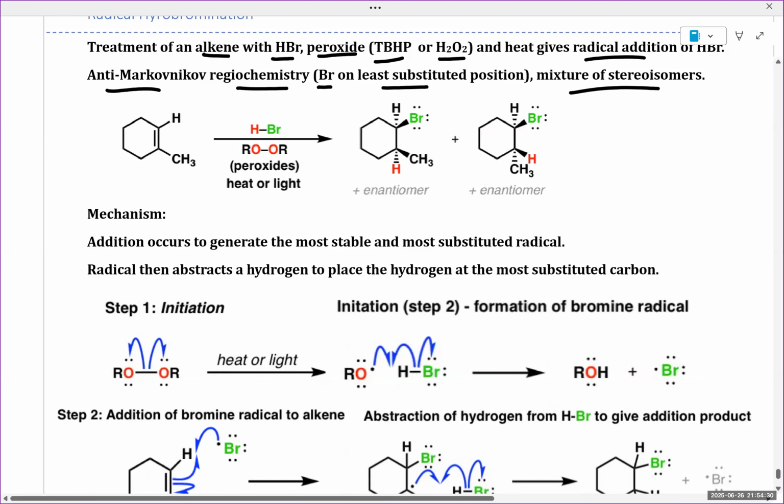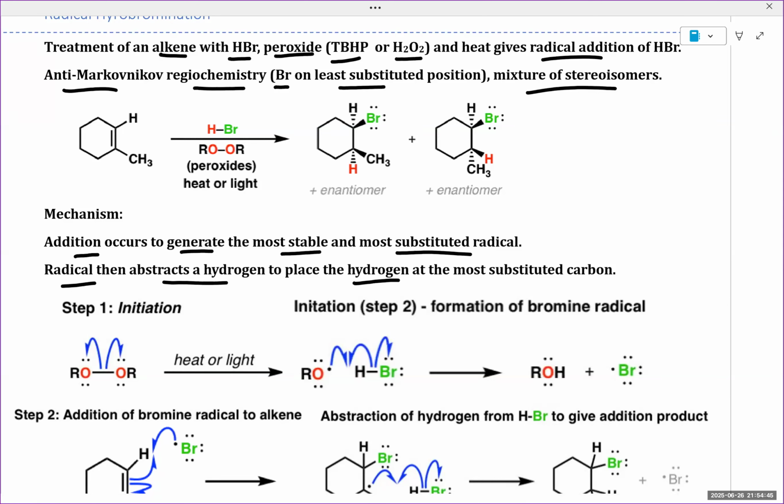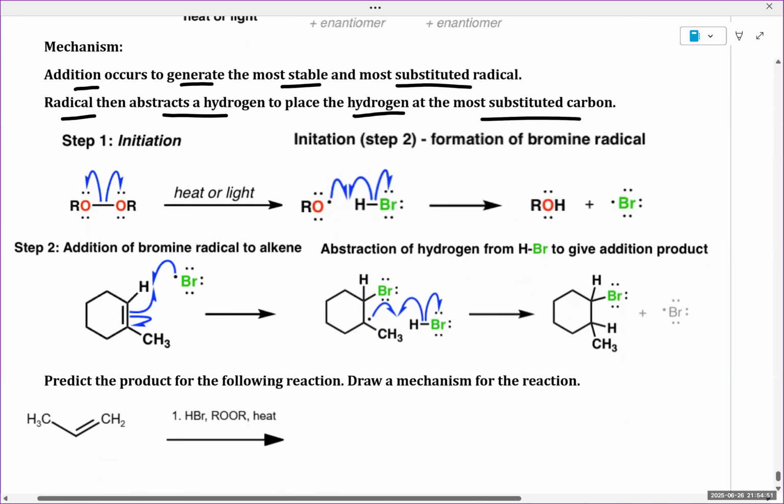The mechanism is unique compared to traditional polar hydrobromination in that the addition occurs to generate the most stable and most substituted radical. The radical then abstracts a hydrogen to place the hydrogen at the most substituted carbon. The full mechanism involves initiation, where the oxygen-oxygen bond breaks and you generate this oxygen-centered radical.